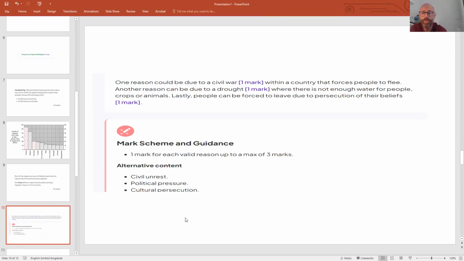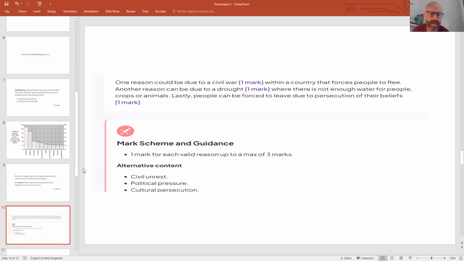They could be forced to leave due to persecution. Libya is an Islamic country, but there are sections within Islam that fight each other. Historically, there were Christians and other religions there, Zoroastrians. They could, under this new regime, just be forced to flee for their lives. But that's just three points. You could say civil unrest, persecution, cultural persecution, political pressure.